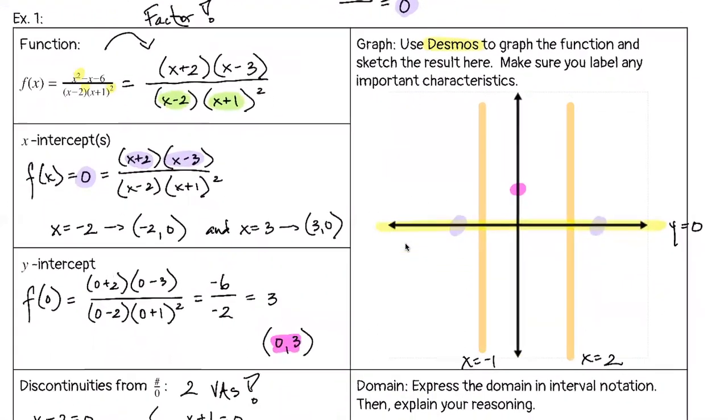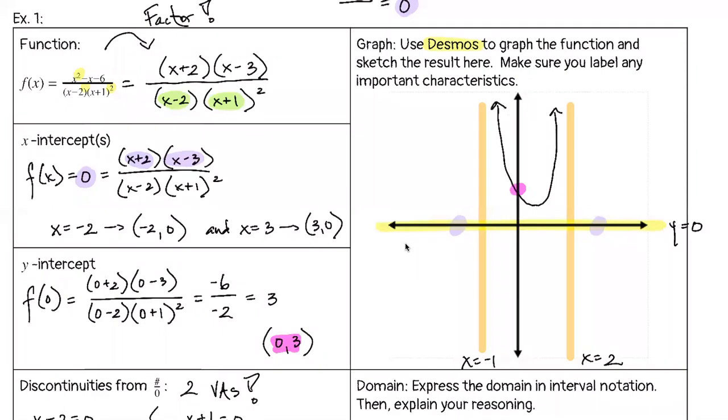All right. So what we have so far is the important characteristics for our graph. Now the rest of it, I'm not going to make us figure out how it happens by hand, but you can definitely do that, okay? But for right now, let's just go ahead and fill in the rest of the graph based on what we see on Desmos. And so we see that there's sort of like this U shape in the middle.